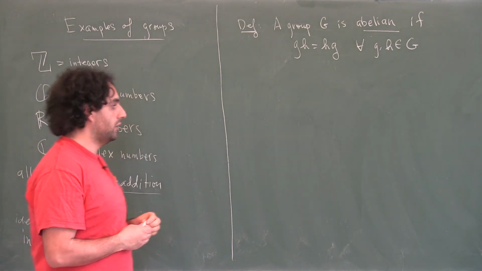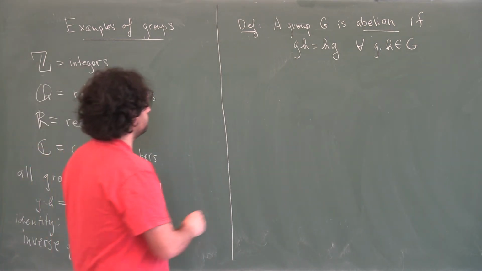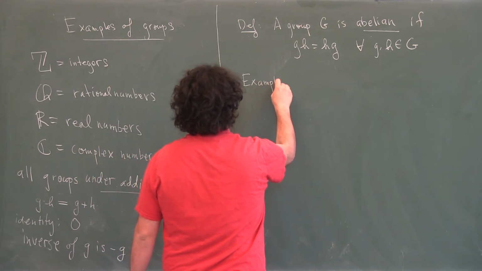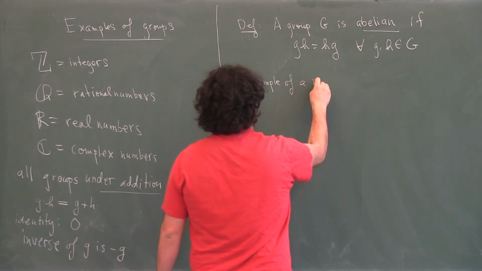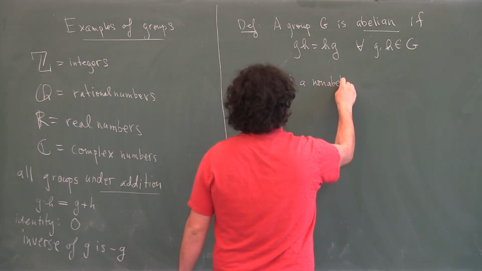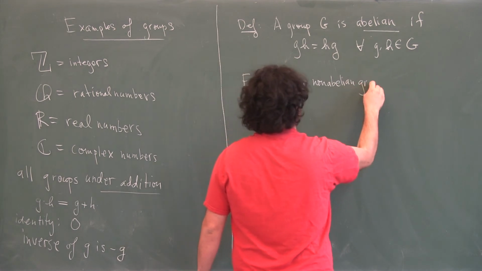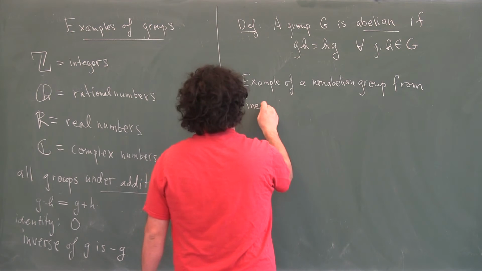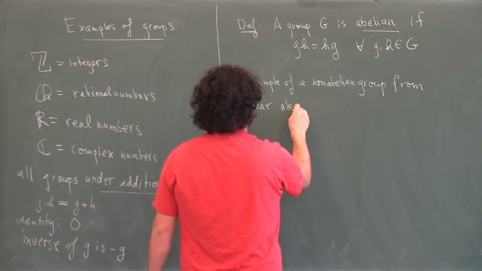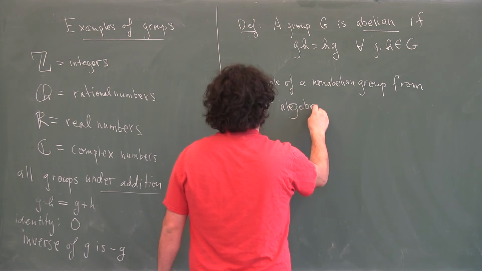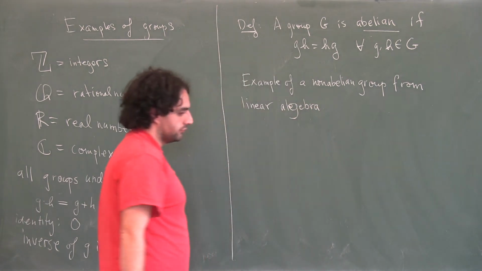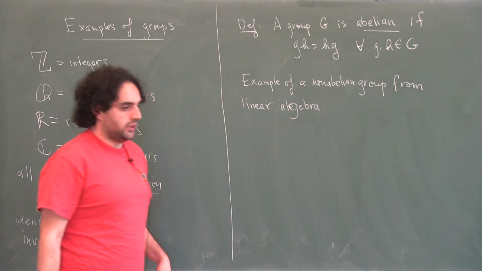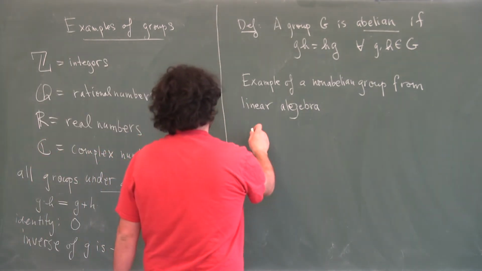Okay, so you've all had linear algebra before. So, an example of a non-abelian group from linear algebra. For this, we need the notion of a field.